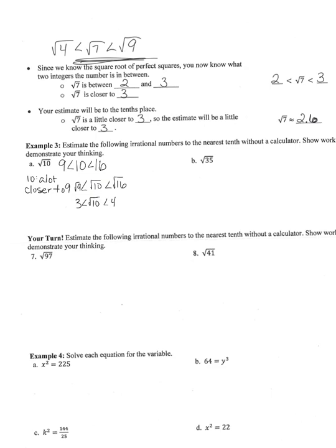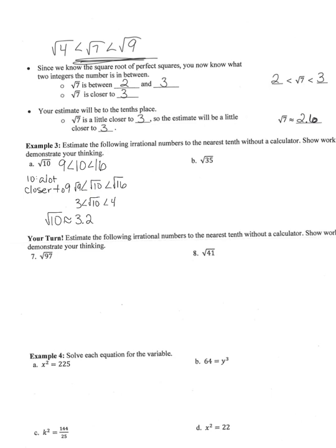So as an estimate, which is why I show not an equal sign, but the approximate sign, because we're just making an estimate here, and it's much closer to 3 than it is to 4, and because 10 is only 1 digit away from 9, while it's 6 digits away from 16, my approximate here is 3.2.